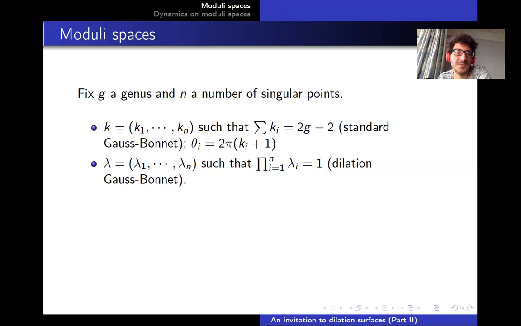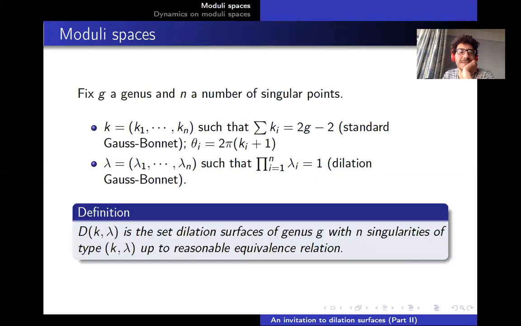And once we've fixed a singular type, then I can define the set of dilation surfaces with that singular type. As often when we define moduli spaces, we define them up to what I call a reasonable equivalence relation, meaning that two points are identified if there is an isomorphism from one to the other that preserves the dilation structure.